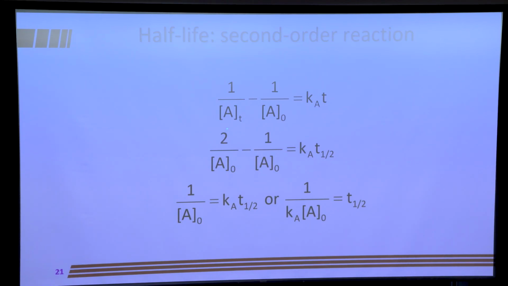So we have 1 over a half A0, which is 2 over the concentration of A at time 0, minus 1 over the concentration of A at time 0 is equal to k times t half. Therefore 1 over the concentration of A at time 0 is equal to the rate constant times the half-life, or 1 over the rate constant times the concentration of A at time 0 is the half-life. You can manipulate the equation whichever way.